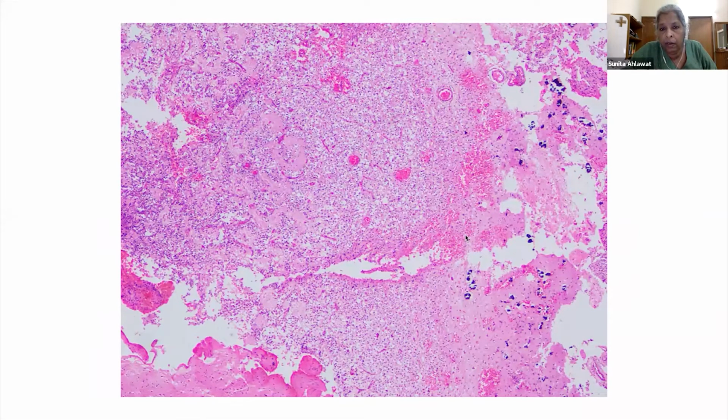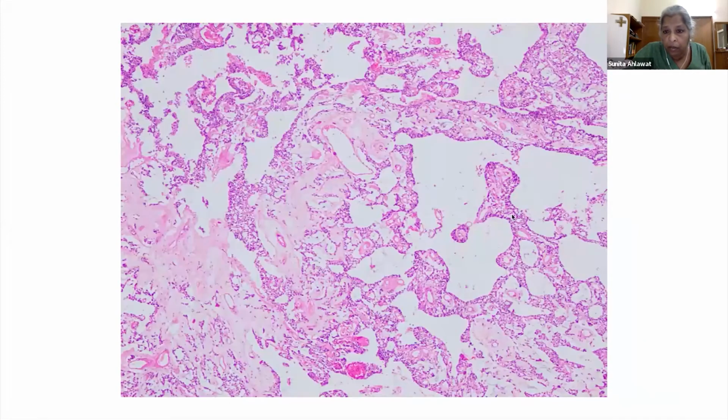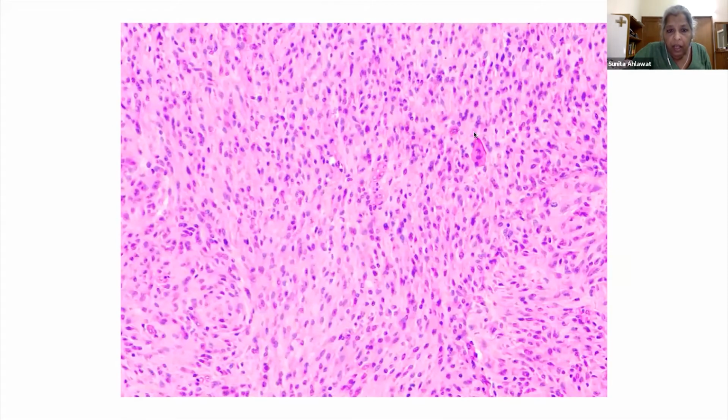We don't have the radiology, but multiple bits were sent, and it showed areas which are looking like oligo, but then areas which are looking like that papillary glioneuronal like areas. Here again, you have the glioneuronal or rosette forming neuroepithelial tumor like areas. And here it is looking like a typical glial tumor.